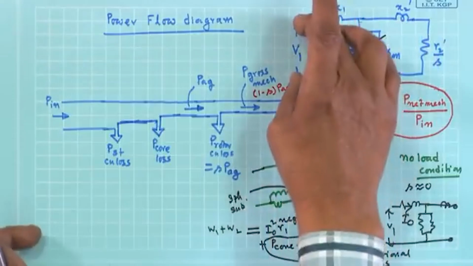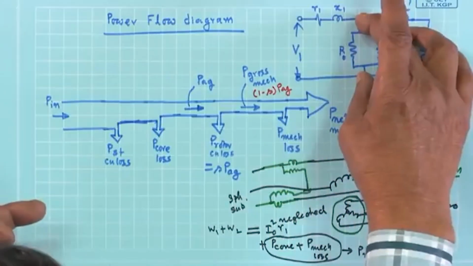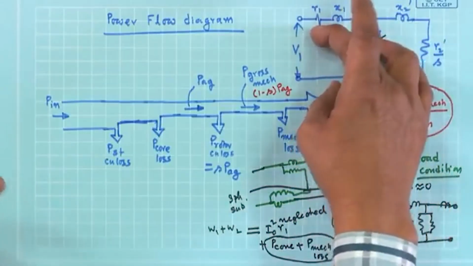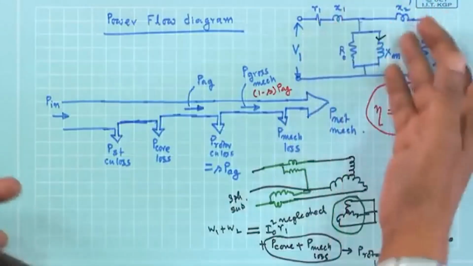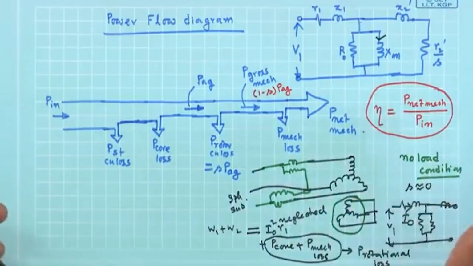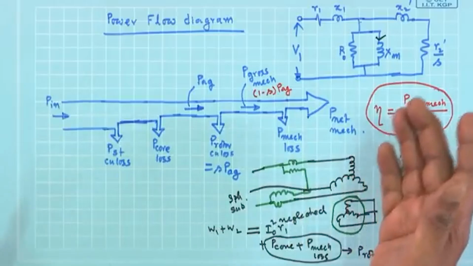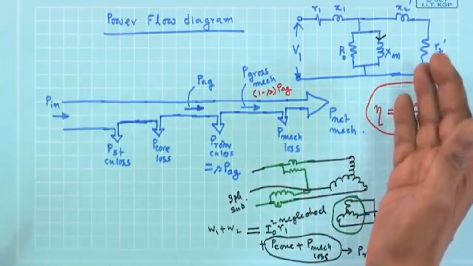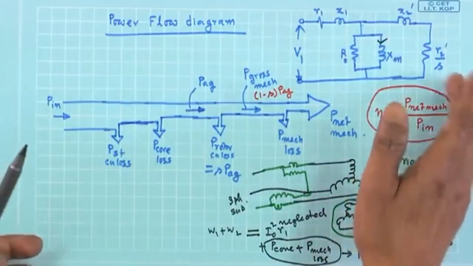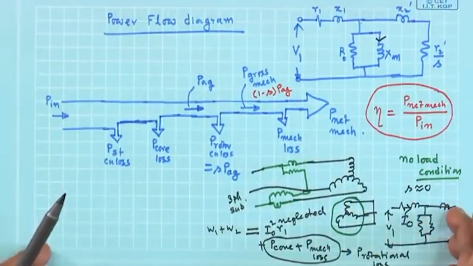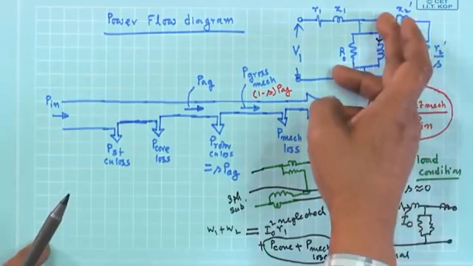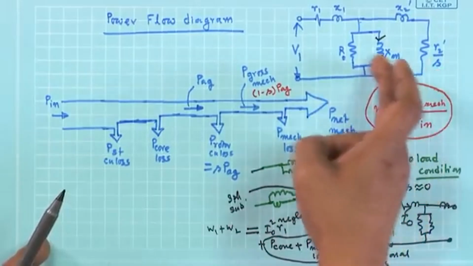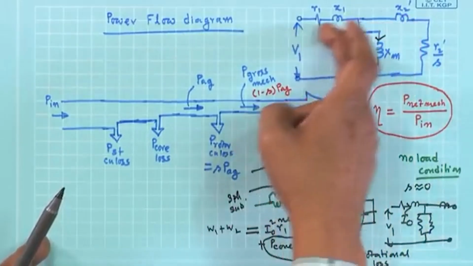In no load condition, this V1 practically appears here. I naught is small, R1 X1 is also small, no problem. At full load condition, it is running with some slip. So, this current, which was otherwise open circuited, will now come here, and the sum of these two currents will flow.